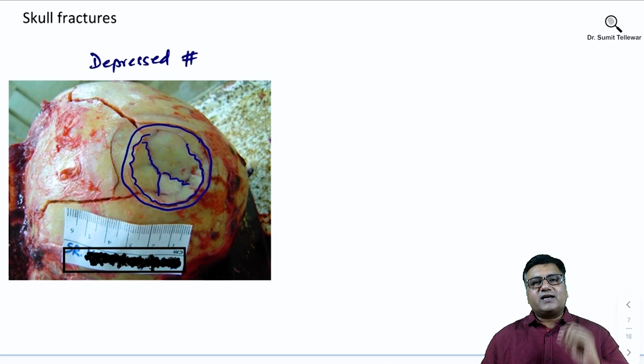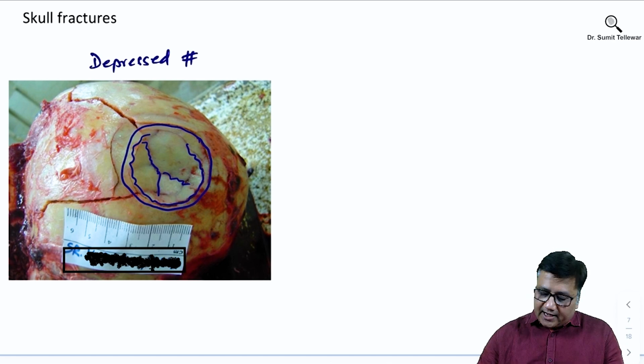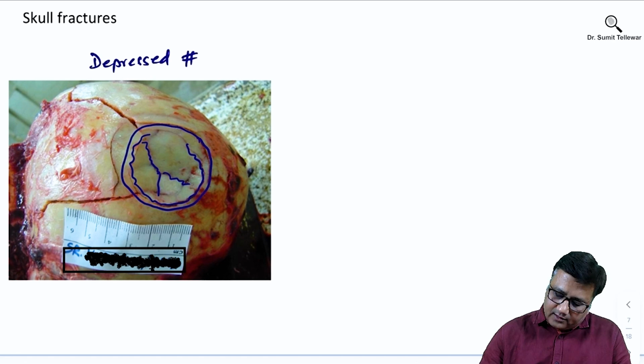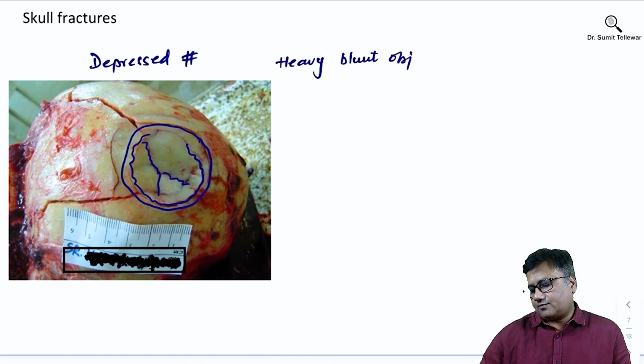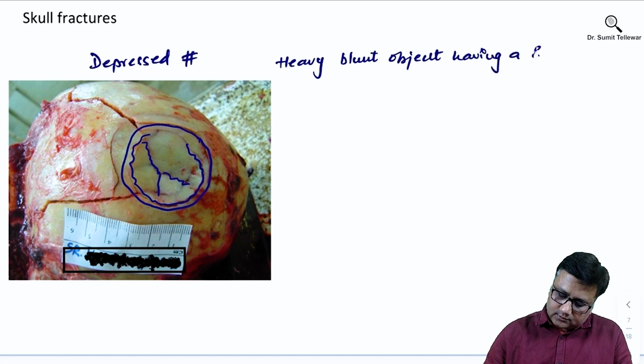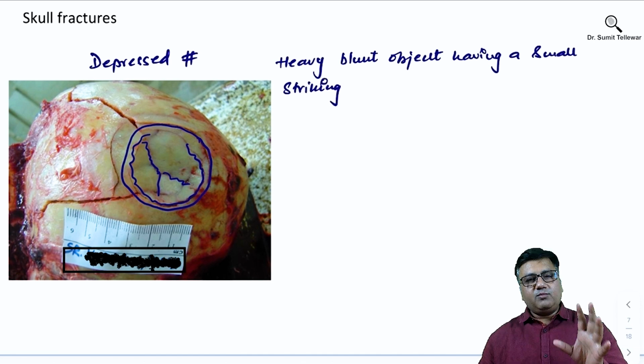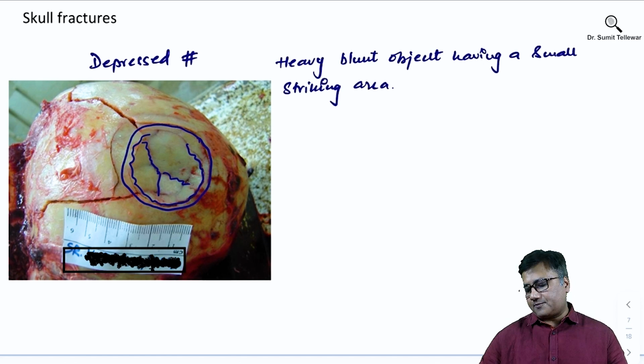This kind of a fracture is produced by heavy blunt object having a small striking area, like a hammer.